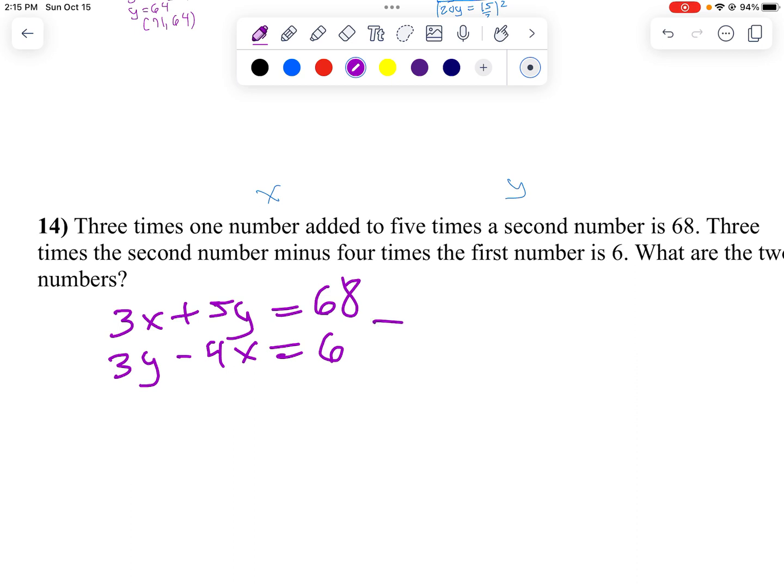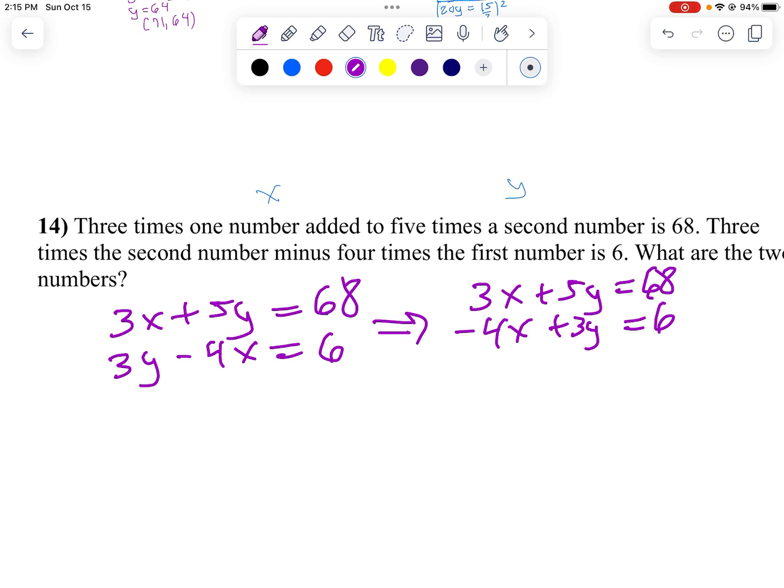I think the first thing I'm going to do, I'm going to put them so my x's line up. So I'm not going to change anything on my first equation. But my second equation, I'm going to go negative 4x plus 3y equals 6.